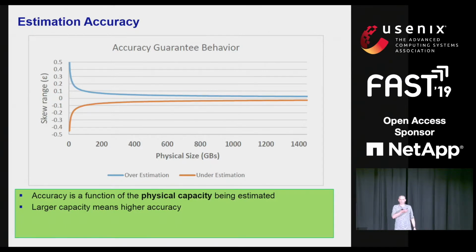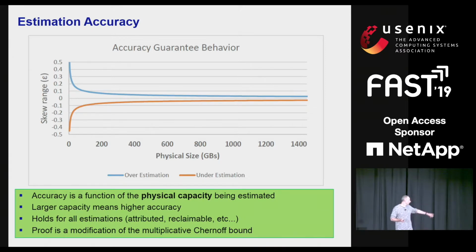And the fact that we can actually give you an accuracy bound, or how tight we think this estimation is, is really crucial, because now you can look at the number and say, OK, is this helpful for me or not? Is this estimation good enough? So it's critical that we have this. We showed that it works for all the estimations that we have. And we had to work for this, too. It's a Chernoff bound, but we have to mess around with it a bit.